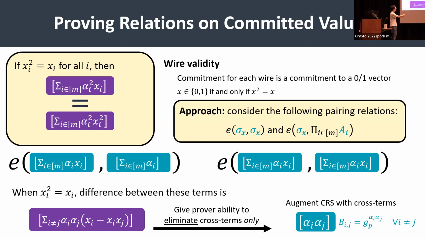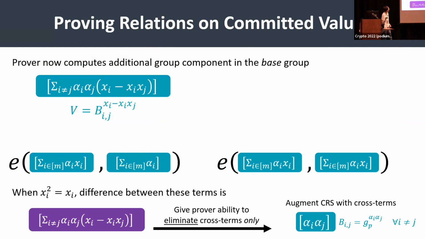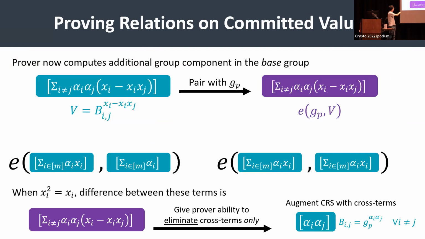We're simply going to publish encodings of alpha i times alpha j. So this will be included as part of the common reference string. And the prover can take the common reference string and compute exactly the quantity here. To verify, the verifier will take this element, pair it with the generator, and boom, it derives the cross term that is needed for the verification relation to check out.